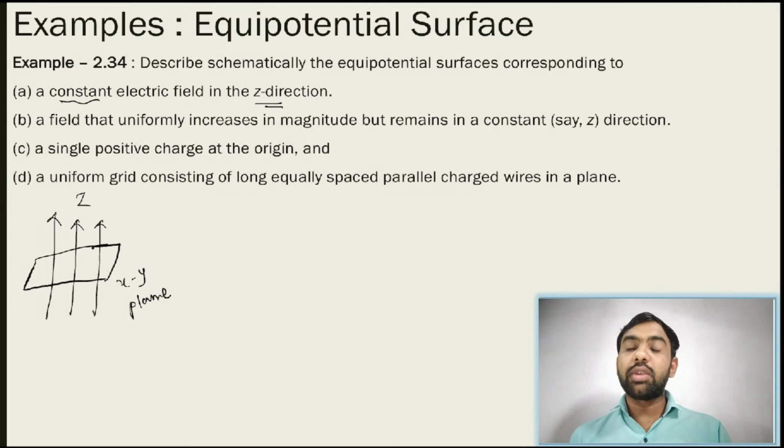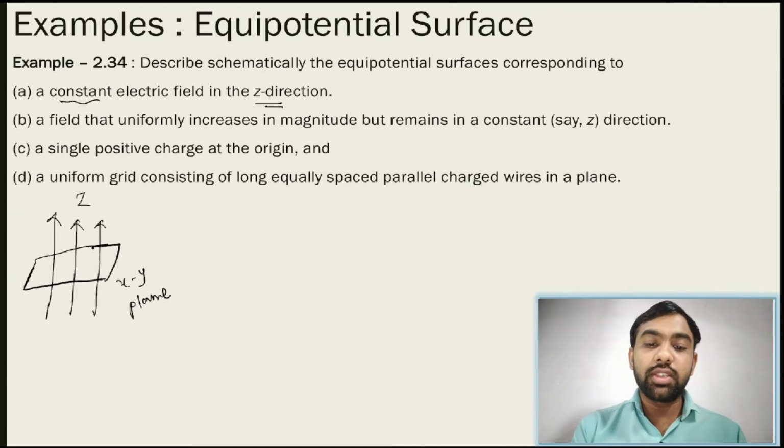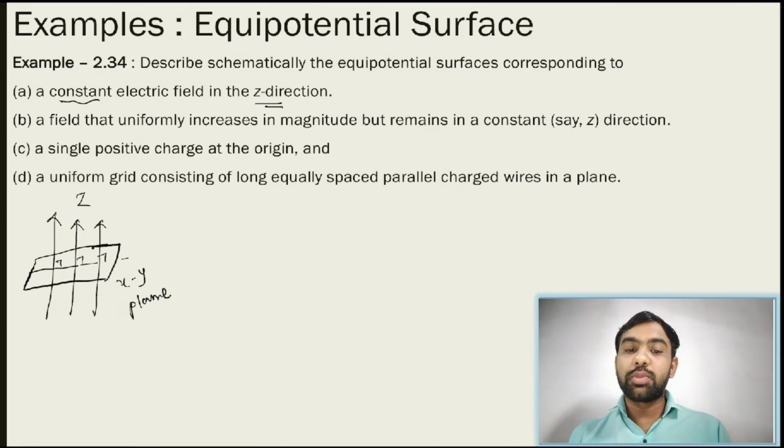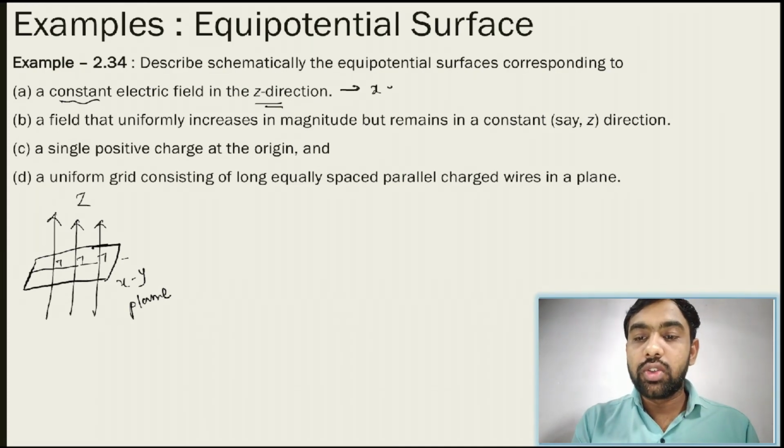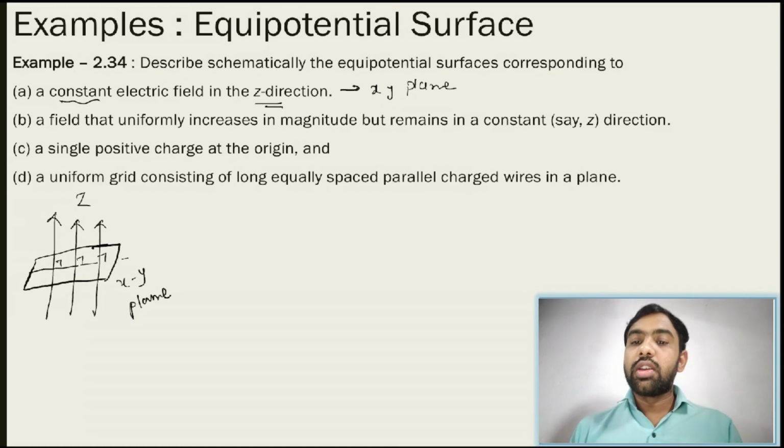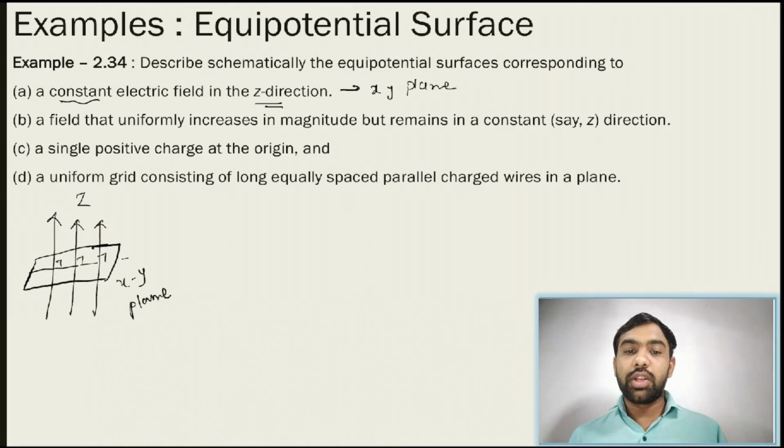Why? The xy plane is perpendicular to the z direction, and as we know, the equipotential surface is always perpendicular to the electric field, okay. So here the xy plane is considered as an equipotential surface.